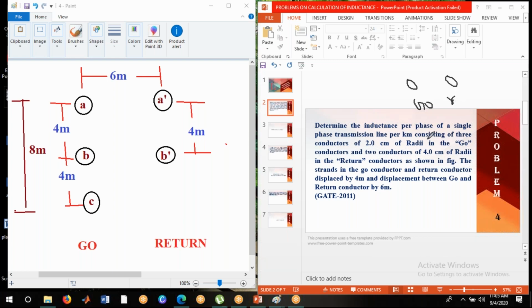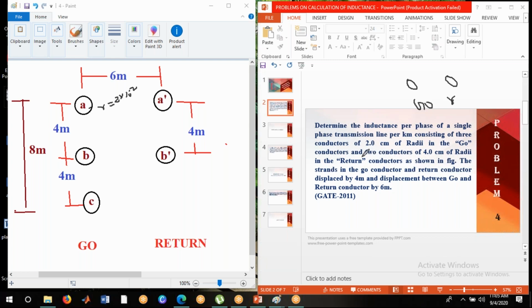Now, the go conductor has three strands, and each has a radius of 2 centimeter, that is 2 into 10 power minus 2. And there are two conductors of 4 centimeter radii in the return conductor.